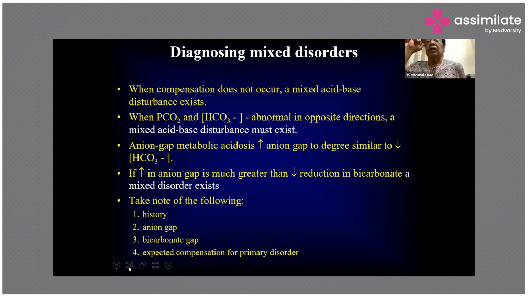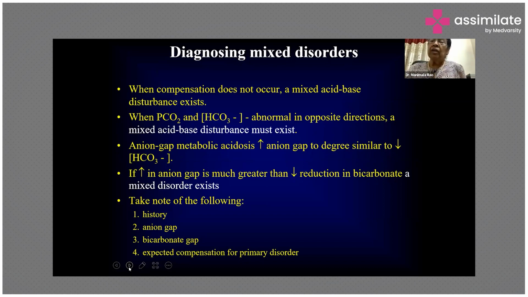Now, whenever you diagnose respiratory acidosis, you are thinking that PCO2 is high and the pH is low. Then we ask, what is the compensation? If it is acute, the compensation is up to about 12 or 15, up to 30. And if it is chronic, you will take that one.